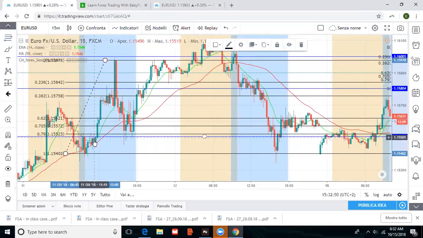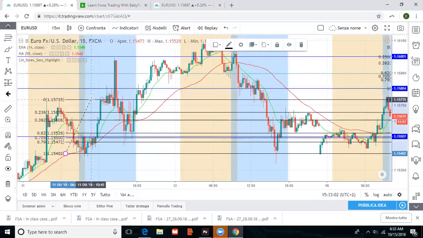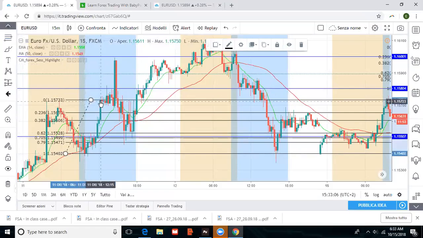I don't want to trade any of this. And then I see a spike. Then let's say I saw the spike and I put my Fibonacci from here to there, waiting for a retracement. But it didn't happen and it kept going up.